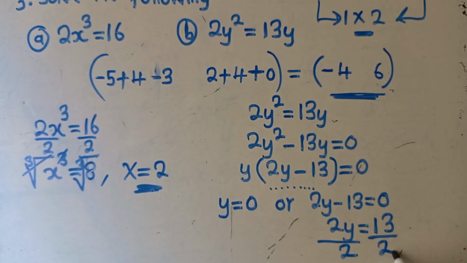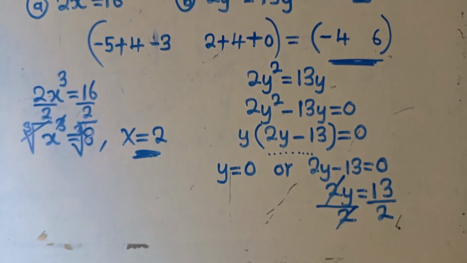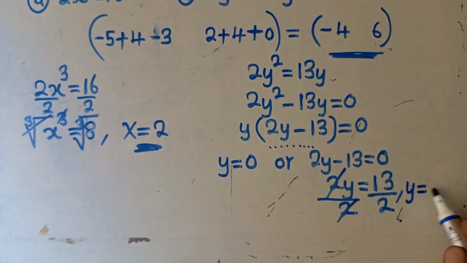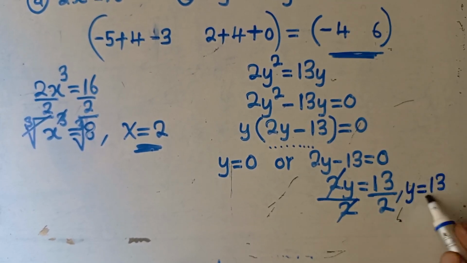When this cancels, the answer that I'm going to have will be y is equal to 13 over 2. So 13 over 2 is the answer. So this was our second and third question.